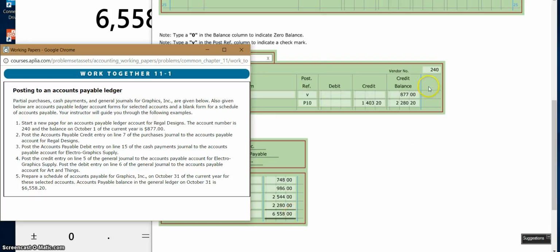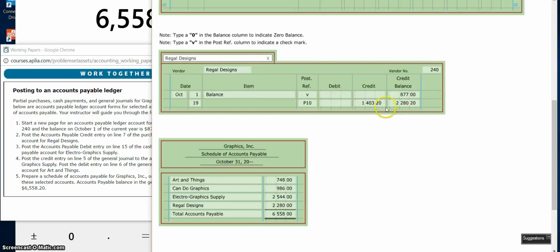So I made a mistake. Okay. I see where my mistake is. Okay, I'm off 20 cents. So I'm going to look and I'm like, okay, I remember one of these accounts had 20 cents. Regal Designs was $2,280.20. I did not put the 20 cents in here. So I can put that in.